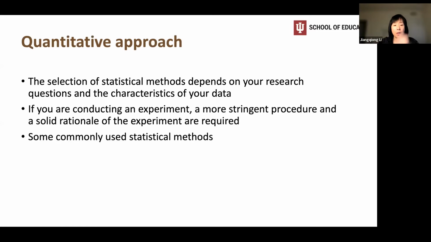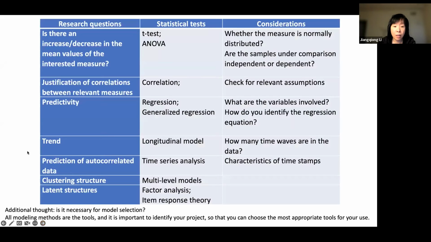And there are some very commonly used statistical methods. Here, just a very brief summary. Of course, this table is not going to cover all the stats methods. There are tons of them. But what I've listed here may be more popular and common in social science study.